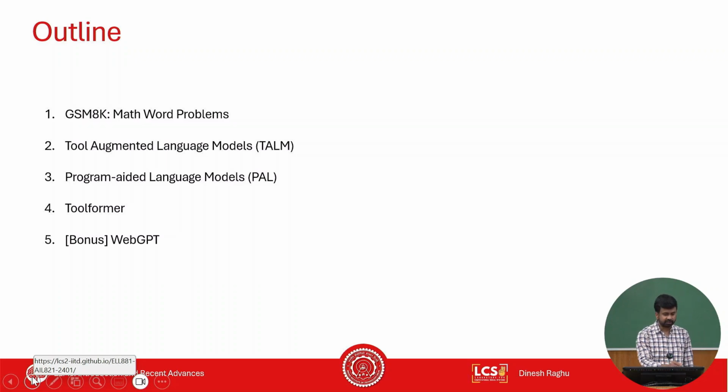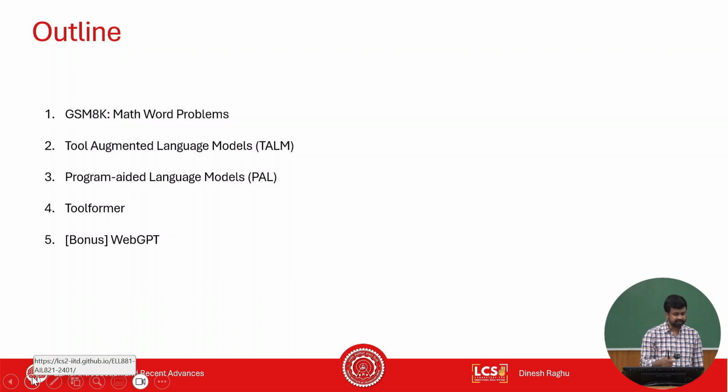And then we are going to talk about three important research papers in this particular domain. One is called Tool Augmented Language Models, the other is Program Aided Language Models, and the last one is Toolformer. All these are progressively making it better, right? They were unique papers because they created something that changed the direction of research at each step.